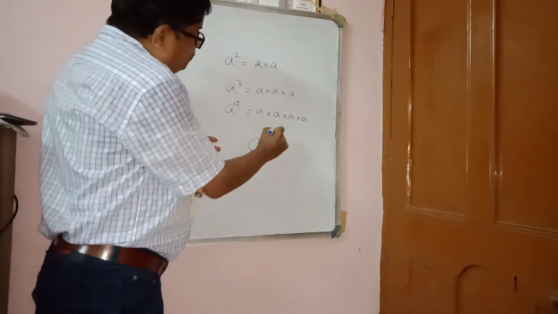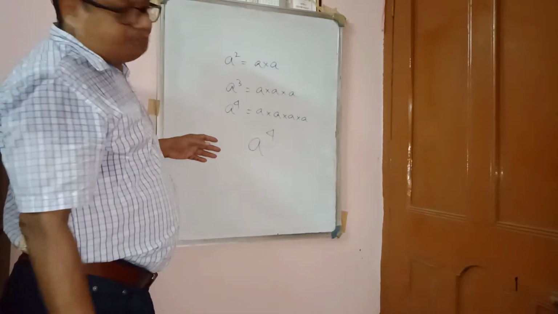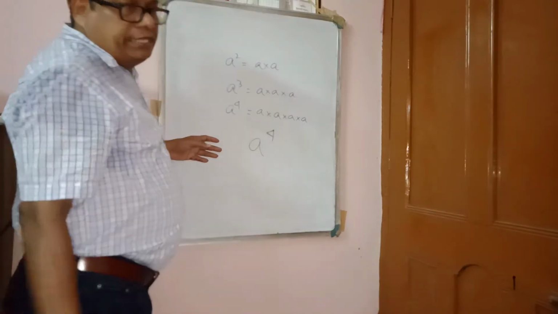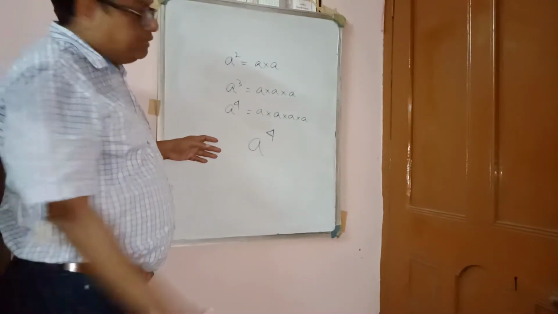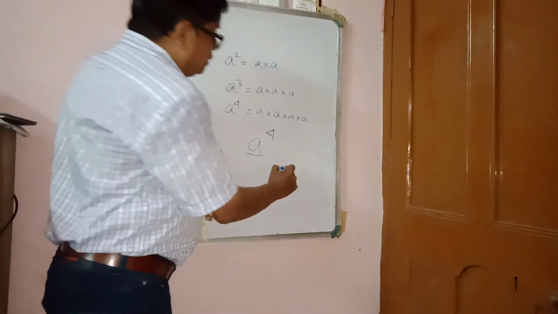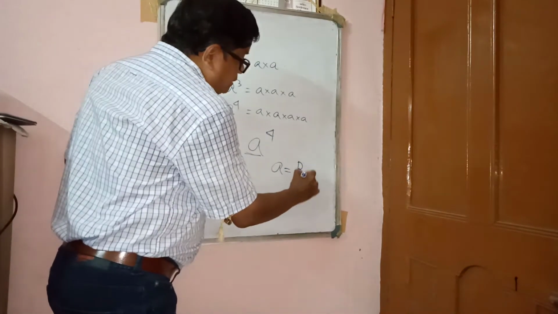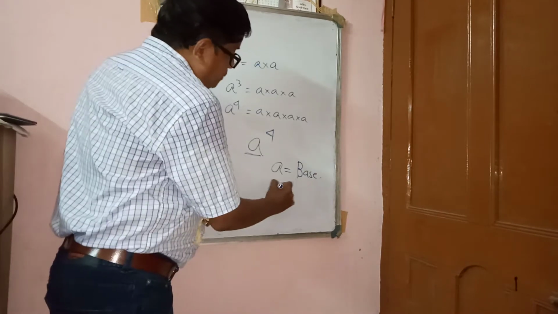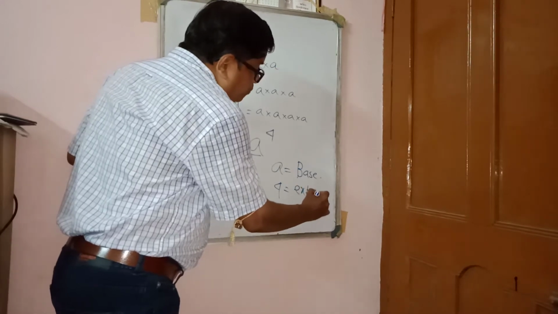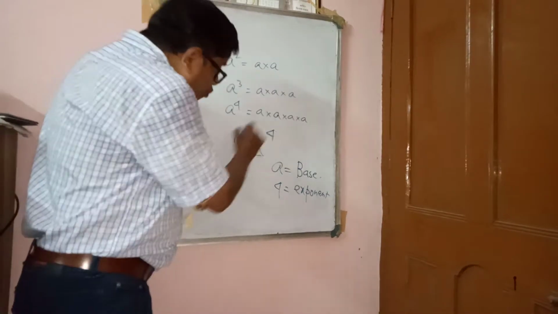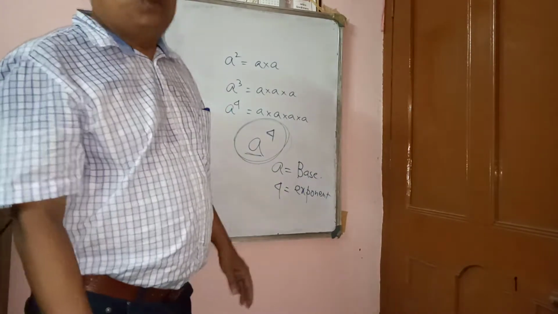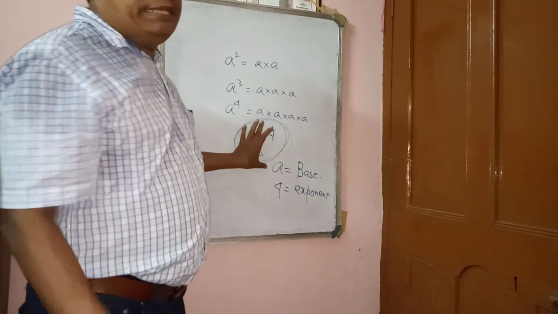Here a to the power 4, whatever I am writing here, 4 is called exponent. This a is called base, and 4 is called exponent or power, and the whole a to the power 4 is called one expression.